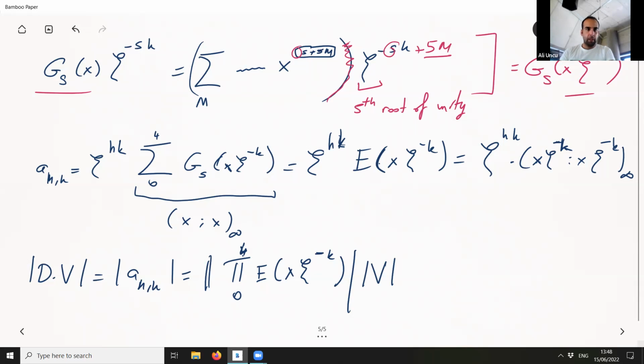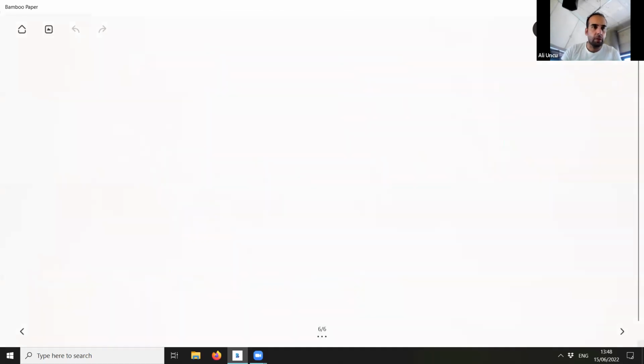Yes. Okay, then we can clear out this Vandermonde. Vandermonde was used to insert this root, which gives us the determinant that we need. So the determinant of D is this product from 0 to 4 of k, let's say, of these E of x zeta minus k's. Let's write it out.